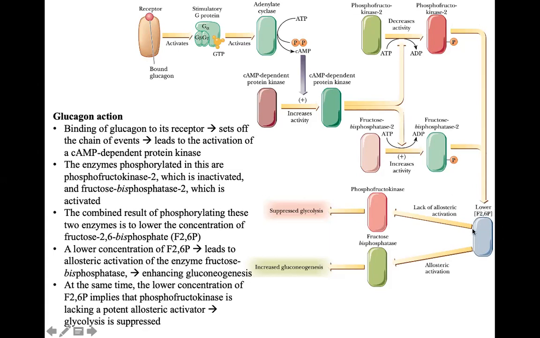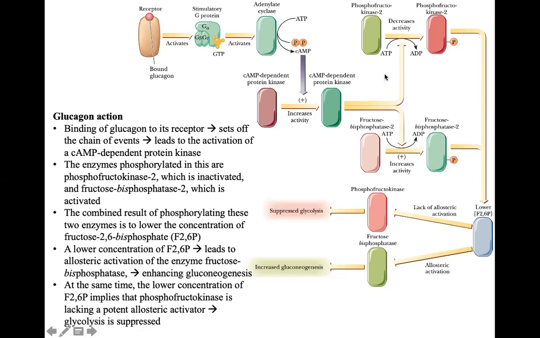F26P is important in determining whether the glucose level in the body is increased or inhibited, whether glucagon leads to the formation of new glucose molecules, which we call gluconeogenesis, or inhibits glycolysis, meaning it prevents the breakdown of glucose. This image shows the action of glucagon involving these two important kinases after the cAMP-dependent protein kinase.